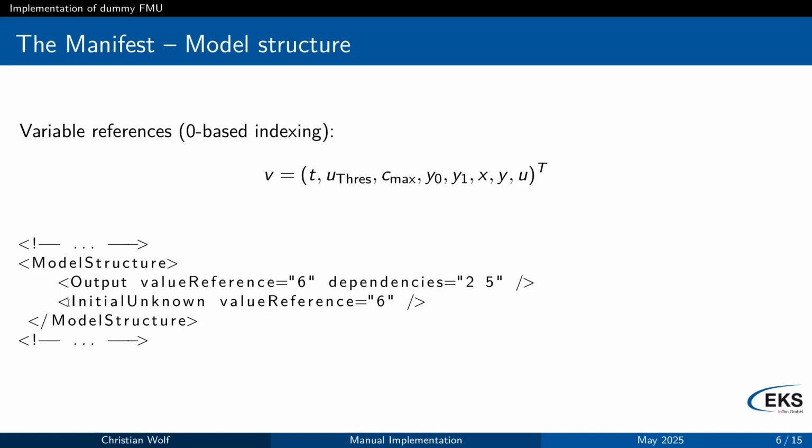And then we have also the initial unknowns here, which tell us which values we do not know at the beginning, and this is only one. This is this U. Am I correct? So 1, 2, 3, 4, 5, 6. So Y, sorry. Yeah.